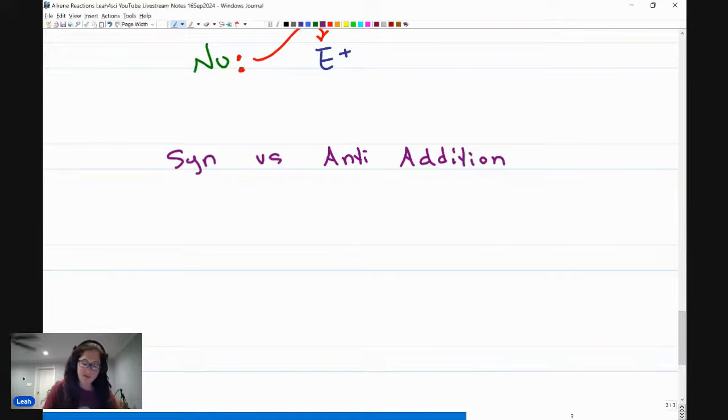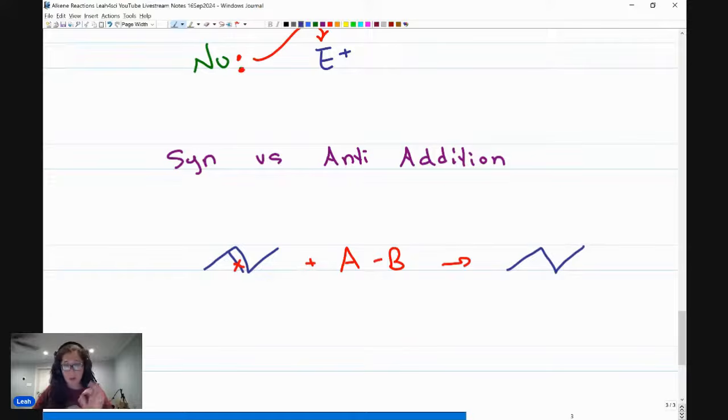We'll start with a very simple reaction. If I have an alkene that looks like this with a pi bond, and I react it with A and B, when the pi bond breaks, let's show plus because they're being added, I will get the molecule redrawn as I saw it, minus the pi bond. And then I have a new bond on the 2 carbon atoms that used to hold the pi bond.